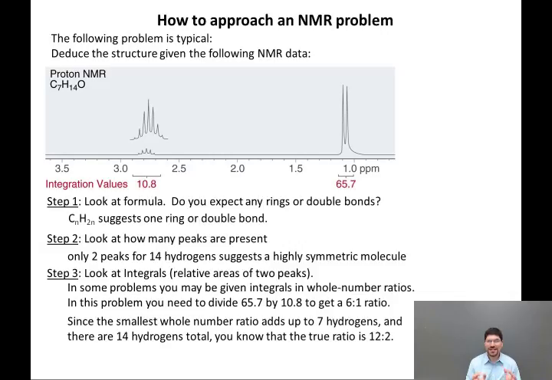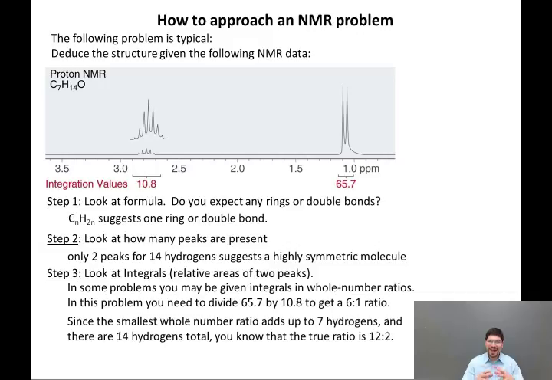The integral, the area under a particular peak, is proportional to the number of hydrogens in the molecule of that type. Your integral numbers in their smallest whole number ratio have to add up to the number of hydrogens in the molecule. So in this molecule, we have 14 hydrogens, and our integrals are adding up to 7.